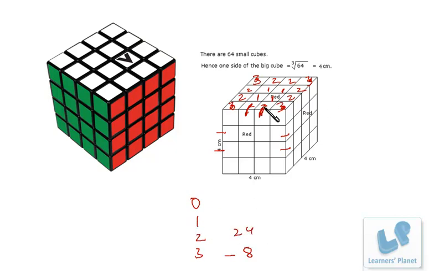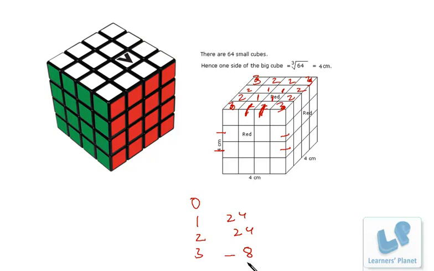Okay, now 1 from each face, 1, 2, 3, 4. 4 pieces are there having single side painted or single face painted. In all there are 6 sides. So 4 on each side or each face. So 4 into 6, 24, right? Now 24 plus 24 is 48. 48 plus 8 is 56.